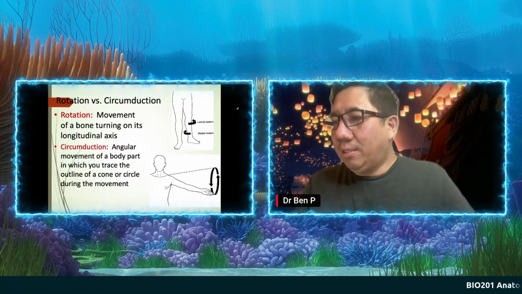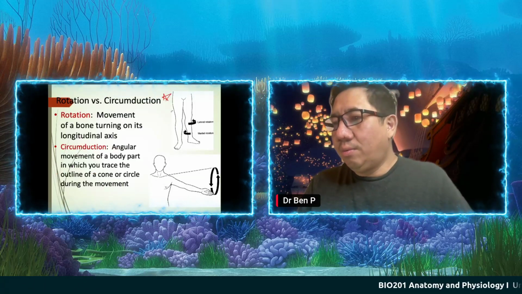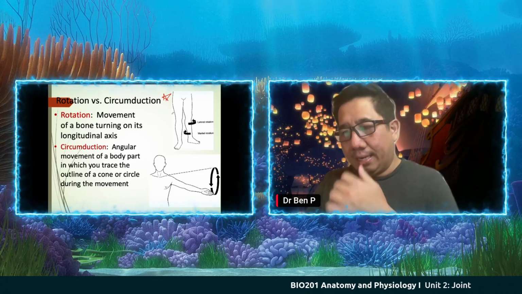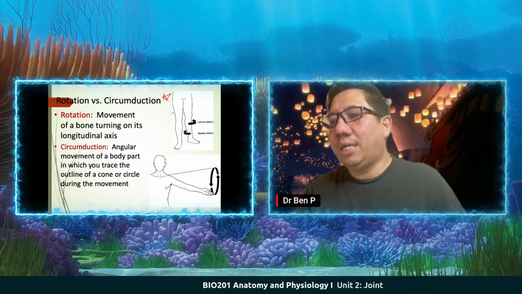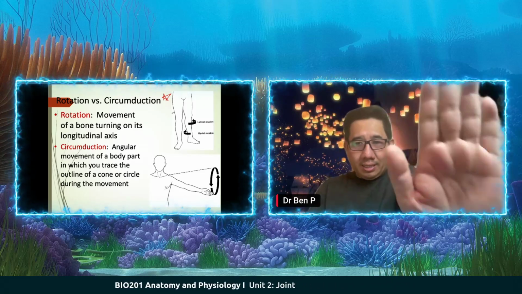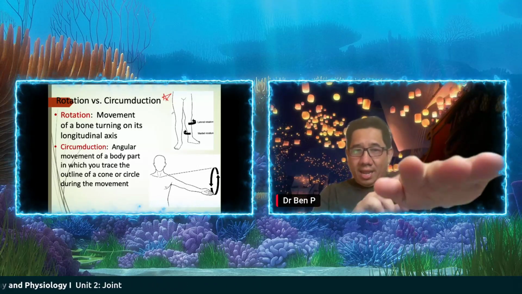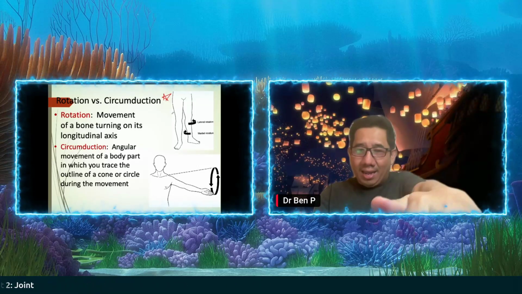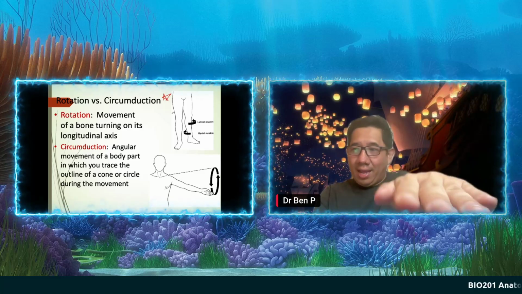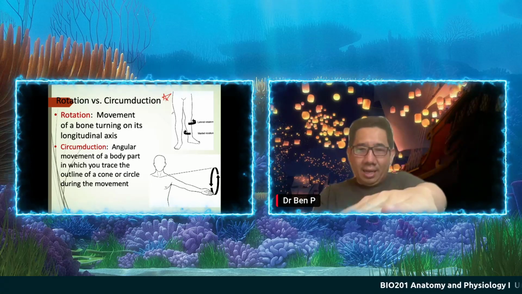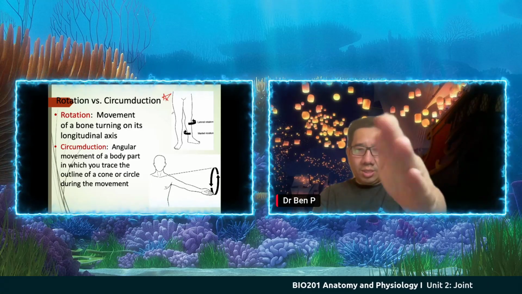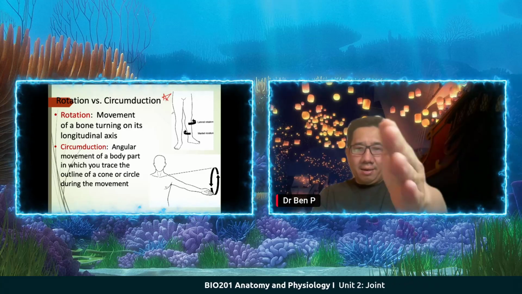A big one to remember is these two: rotation and circumduction. Rotation is you rotating. Let's say I have my hand here, I'm rotating. For the hand it's going to be another name, but for your legs, you're rotating your leg. You're twisting your leg in a pivot motion, meaning that it doesn't go anywhere.